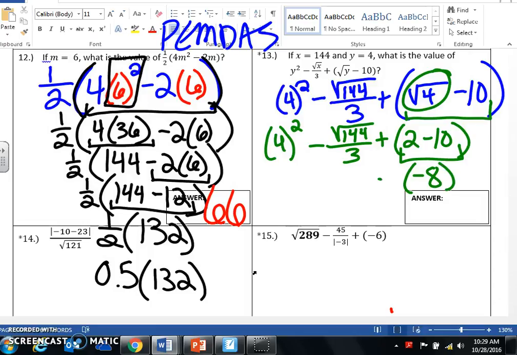And I'm using my calculator on all of this just to check myself. Just make sure. Okay, so now I'm done with simplifying within parentheses, but technically any absolute value or square root still counts as parentheses too. If you forgot your perfect squares, you can use your calculator. The square root of 144 is 12.